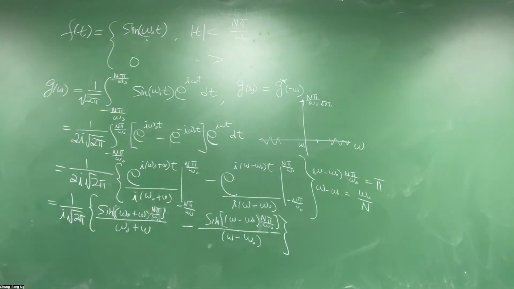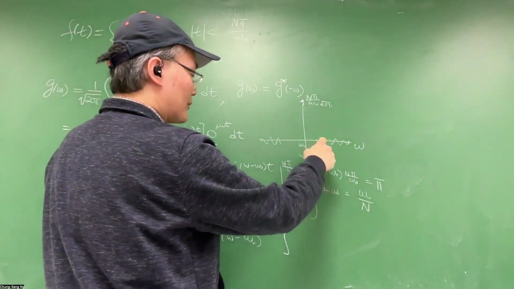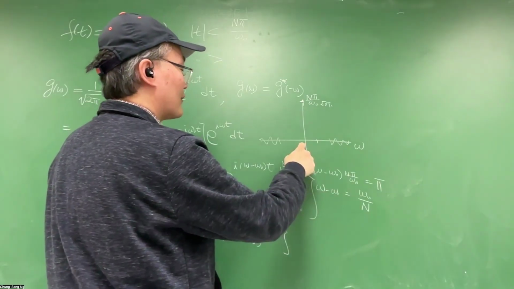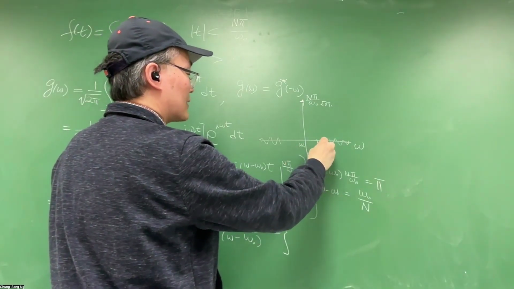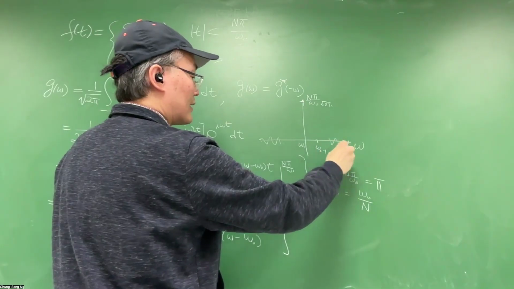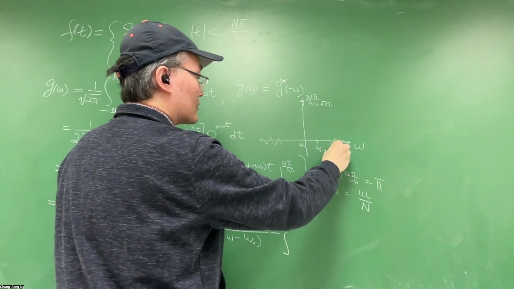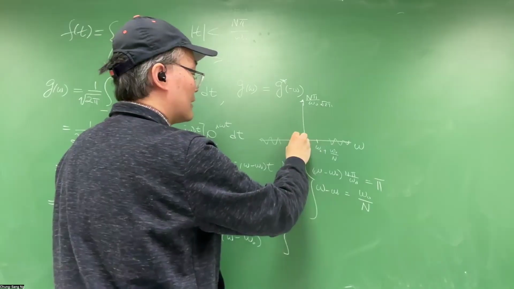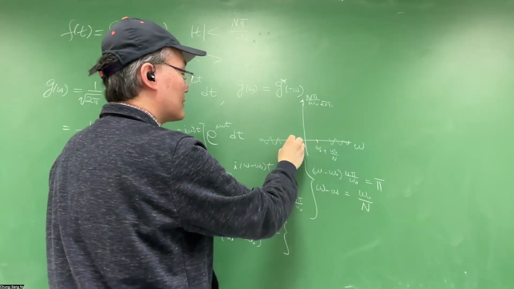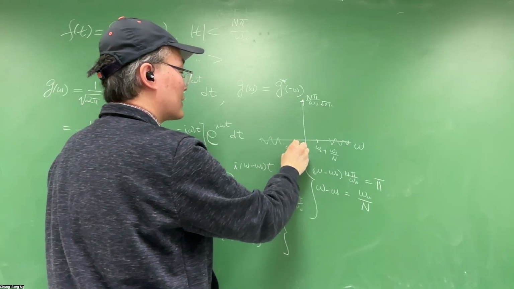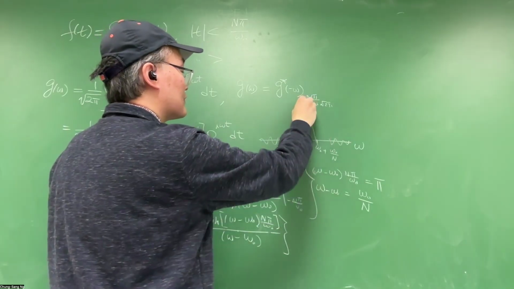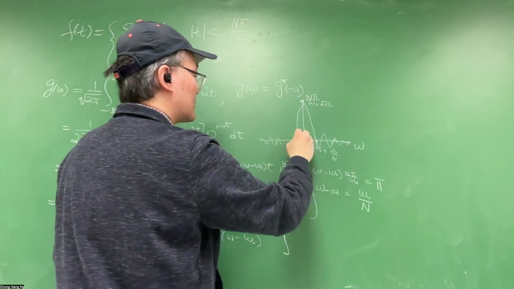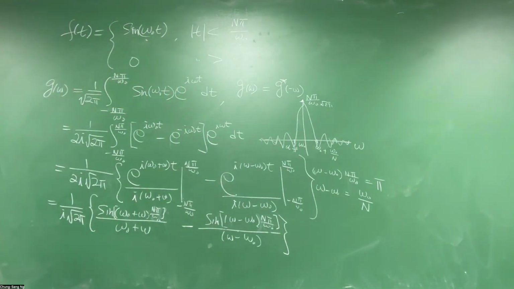And for large n, that is very small. So that's just a little bit away from omega sub 0. So this is omega sub 0 plus, and likewise this is minus. That will hit 0, and then you oscillate. And so this is a highly peaked function if n is large.